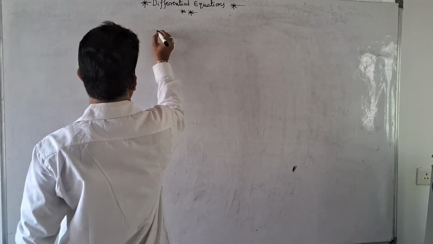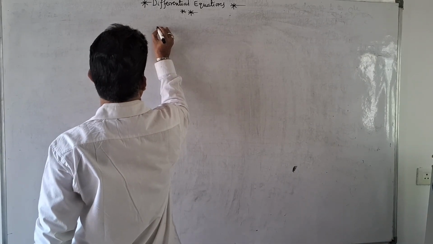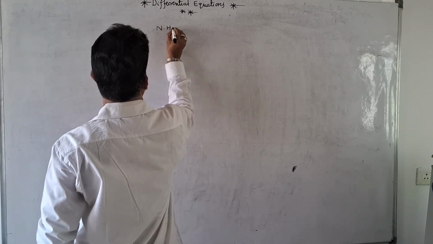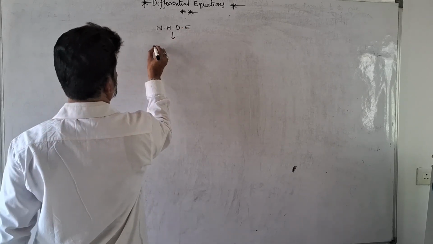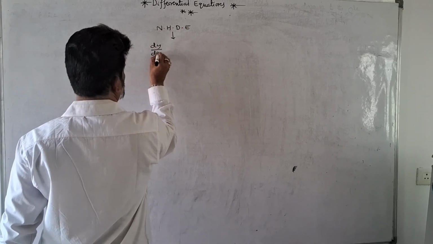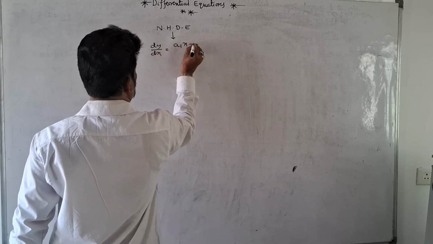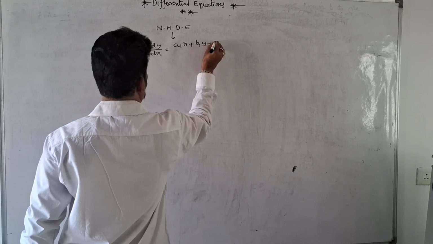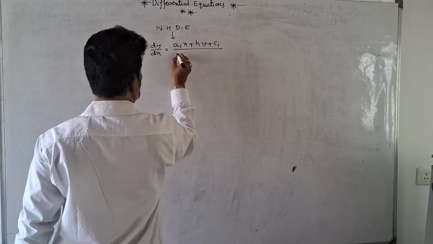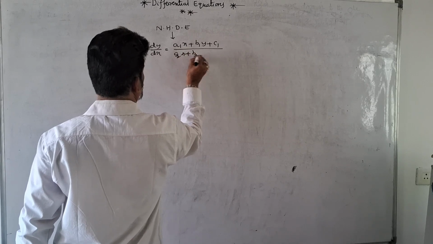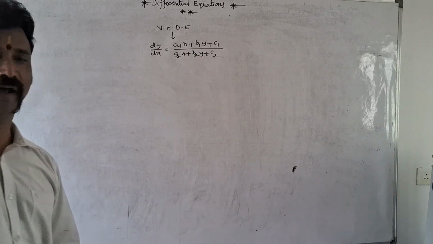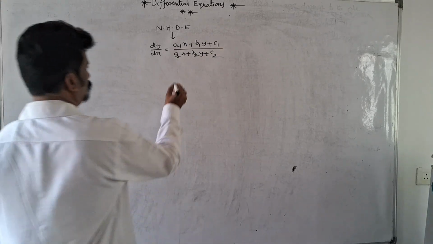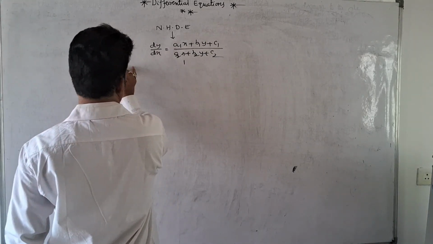Now the conclusion: dy by dx is equal to (a1x plus b1y plus c1) by (a2x plus b2y plus c2). This one is a non-homogeneous differential equation. Now the models are like this.